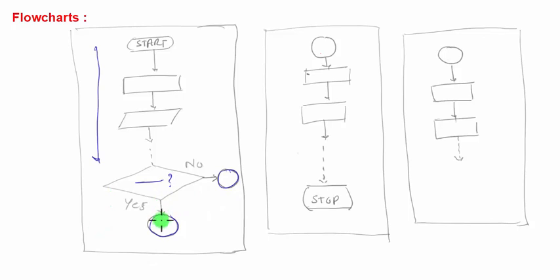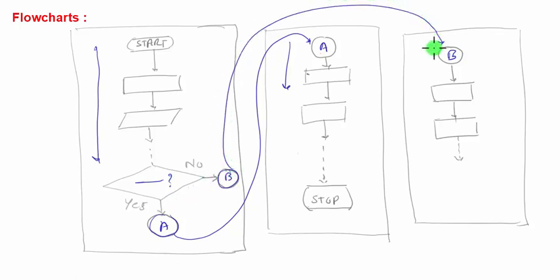Now if yes is true, I have to go to this process. So I label this part as A, and write A here. This indicates that if the decision of this box is yes, then follow these steps. Now, if the decision is no, then follow these steps. We'll label it with some name B and write the same B here. This will indicate that if the decision is no, then jump to this process.